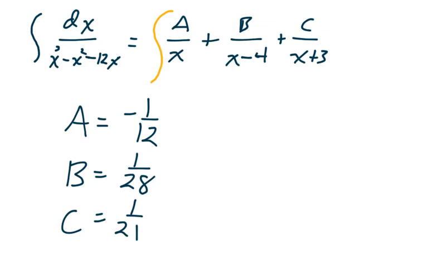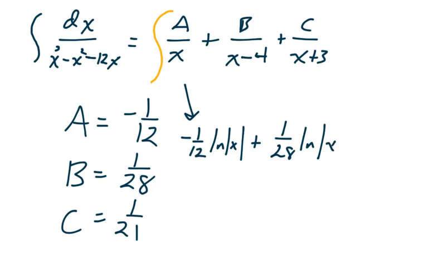So you might as well just get right to it and do the antiderivative of each of these, which will be ln's. So we're going to end up with the ln of x, but -1/12 will be the coefficient on that. We're going to end up with the ln of x - 4, but 1/28 is going to be the coefficient of that.